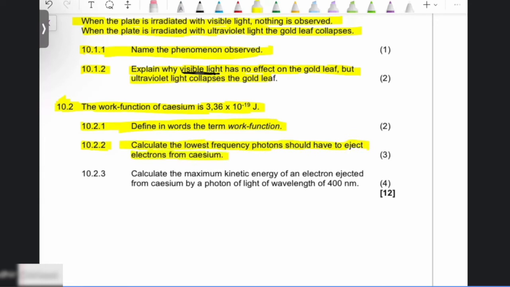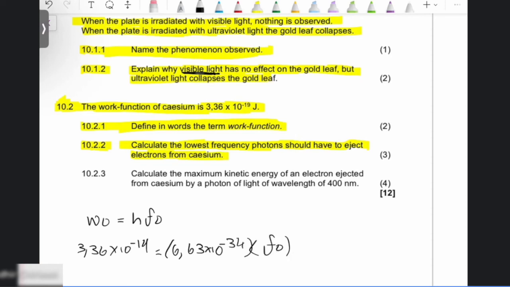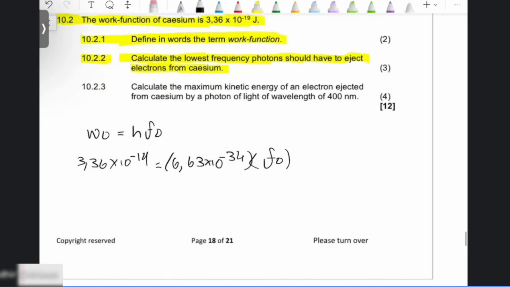So basically, here, all we're going to do is say that work function is equal to hf0. Work function here is 3.36 times 10 to the minus 19. Planck's constant is 6.63 times 10 to the minus 34. And then that's our frequency that we're looking for.